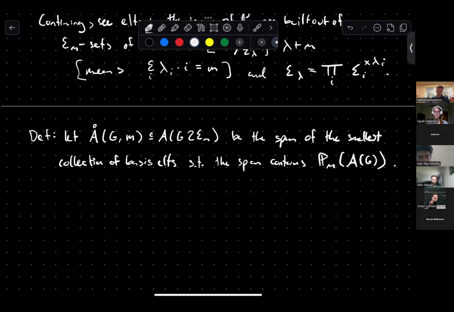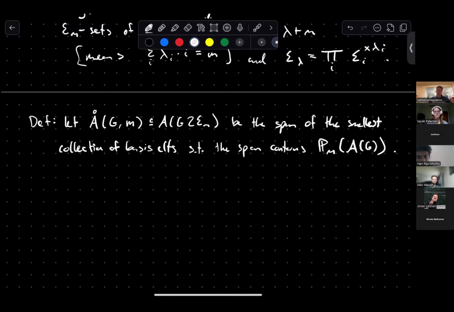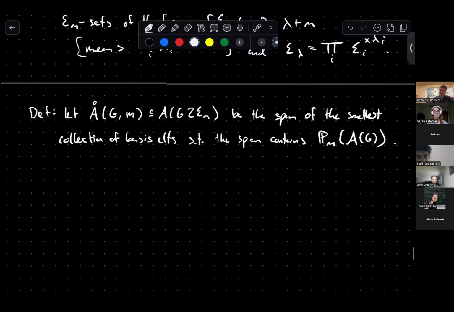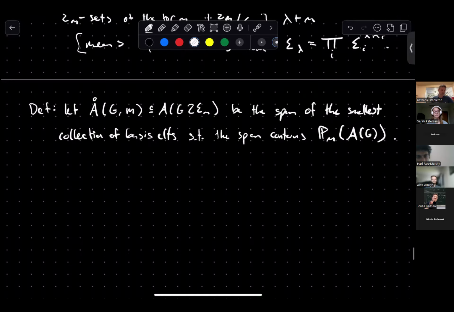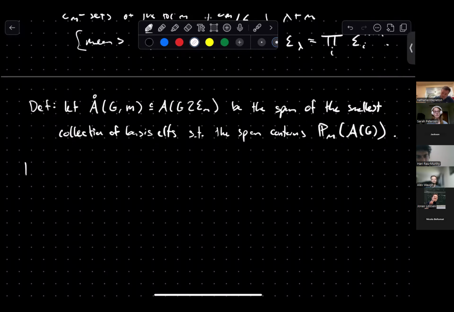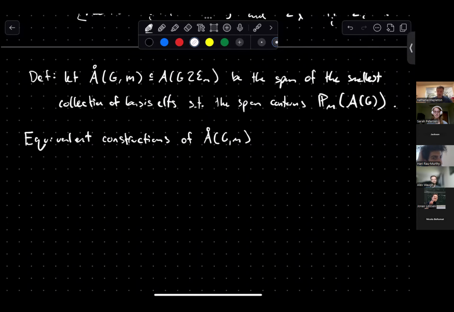But what I'd like to do is tell you a bunch of equivalent constructions of this subgroup of A of G wr sigma M. This is what we're going to focus on for the rest of our time, because I think this is a place where there's a big divergence, and I think it's cool. So, equivalent constructions of angstrom of G comma M. I've got three, but I don't know how many we're going to get through. But let's start with this one.